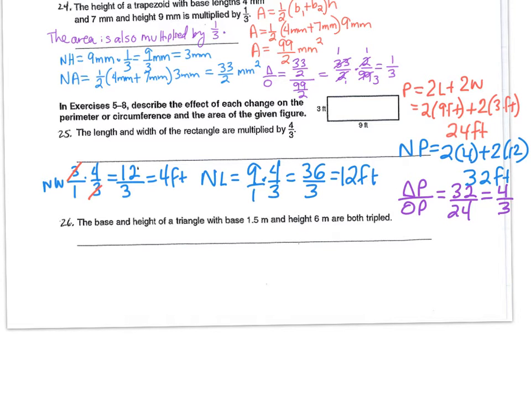So then what happened to the perimeter? It's also multiplied by 4/3, right? Okay, so then let me make that conclusion. So the perimeter is multiplied by 4/3.